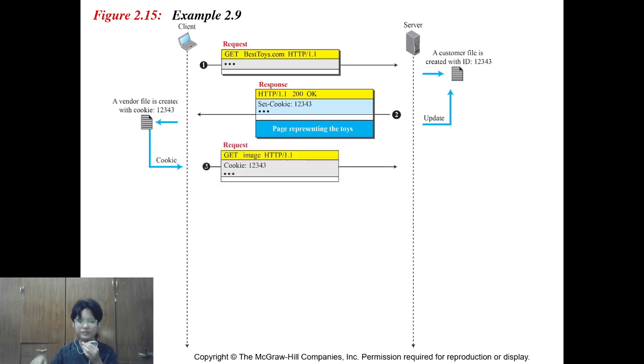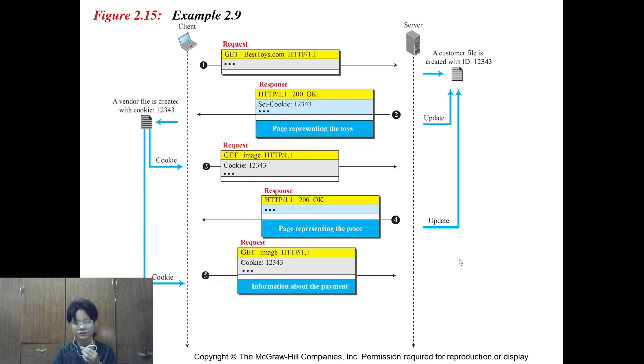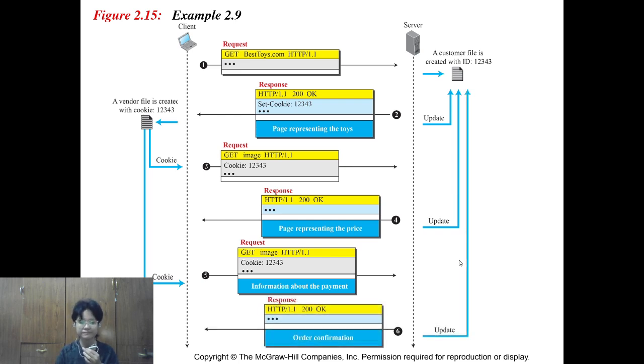The client sends a request by GET method, and then there is an update and a customer file with ID 12343, and the server sends the response back also the same. Then you can see the same cookie is requested to the server, and the server updates again and responds back with HTTP.